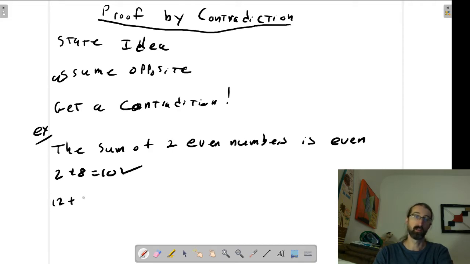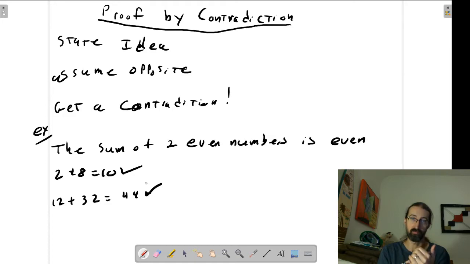12 plus, let's call it 32. What is that going to be? 44. Well, that works out. Even number also. But is it always true? Can we prove that it's true? Can we prove that the sum of two even numbers is going to be even? I mean, we could try adding a bunch of even numbers together and show that it kind of always seems to work, but that's not good enough.